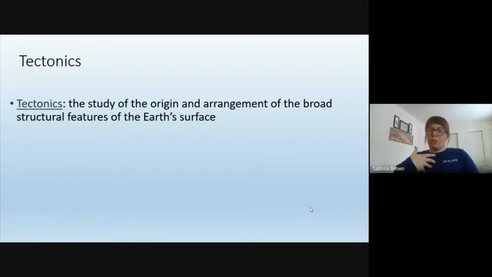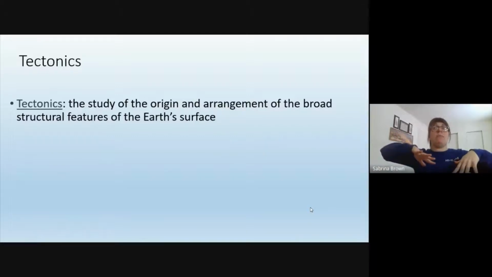So first, what is this word tectonics? Tectonics is just the origin and arrangement of the structural features on Earth's surface and the study of those things. So geologists want to understand, why are there mountains here? Why are there continents here? Why are there ocean basins here? Why are there mountains in the bottom of the ocean? Why does the Earth broadly on the surface look this way?